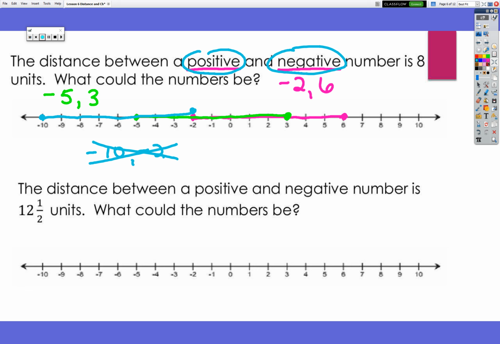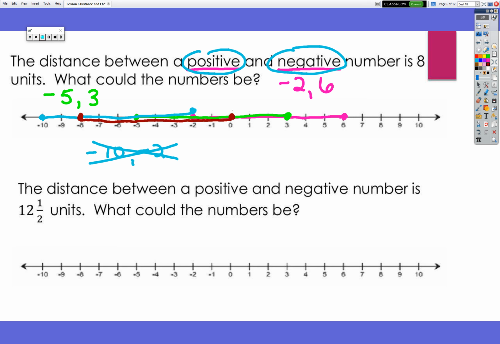So how about if I try, let me start on -8. Before I draw this, I want you to think to yourself whether or not this is going to work. If I go a distance of 8 units, am I going to end up on a positive number? Let's see. 1, 2, 3, 4, 5, 6, 7, 8.